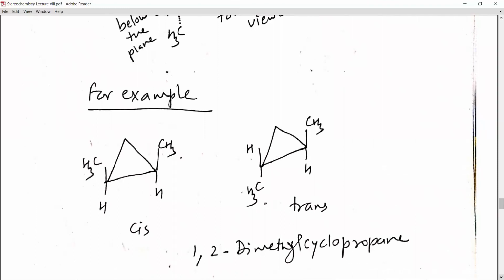For example, in 1,2-dimethylcyclopropane, both the high priority groups are on the same side, above the plane, so it will be referred to as cis, and here both high priority groups are on opposite sides, one above the plane and another below the plane, so it will be referred to as trans.